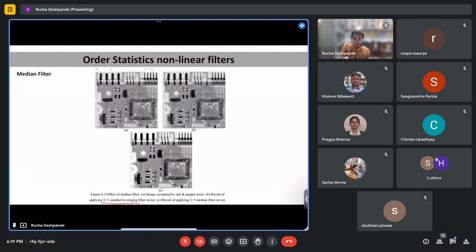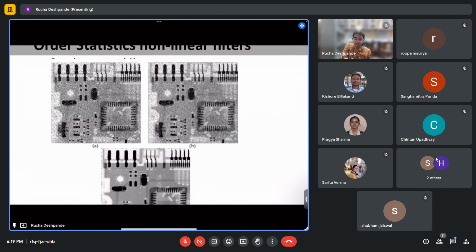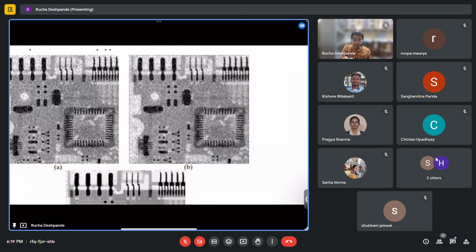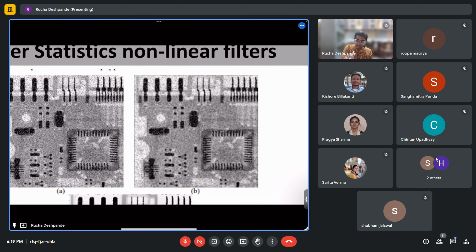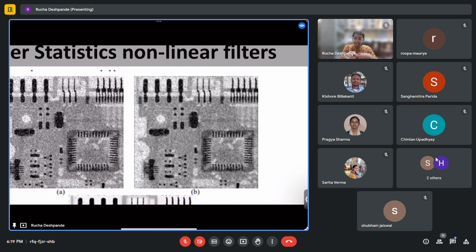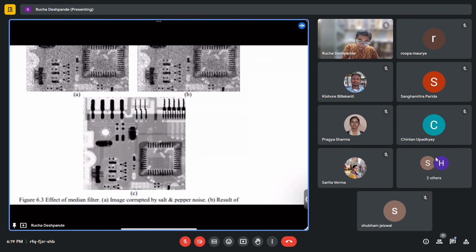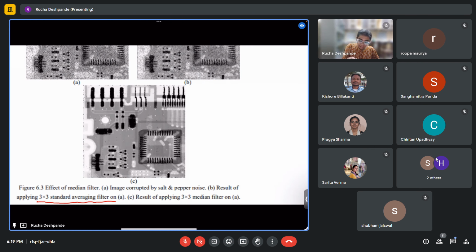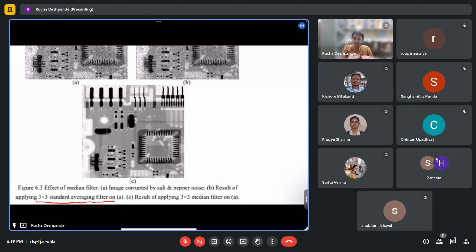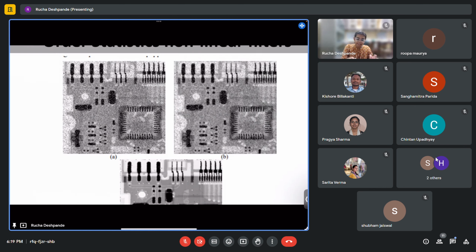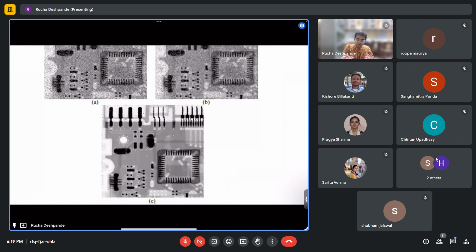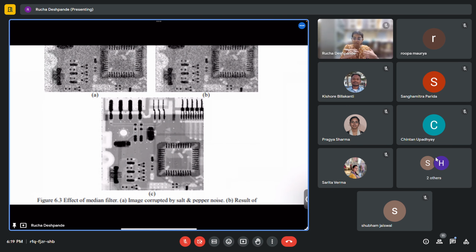After applying the averaging filter, the salt and pepper error, the graininess of the image, is still there. So applying an averaging filter would not be useful in this case. But after applying the median filter, the image looks clear of all the error which was there in this figure. So this is how the product of applying the median filter would look.